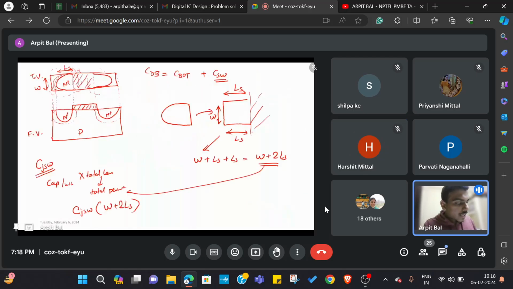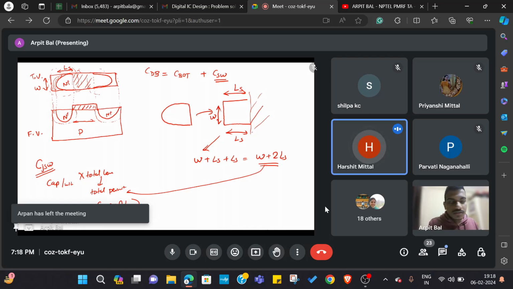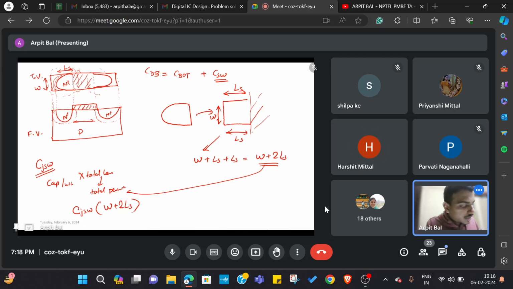So the channel length is this one, right? But in the current equation, I think this length is already used. Okay, so the given length in the question is not the channel length.